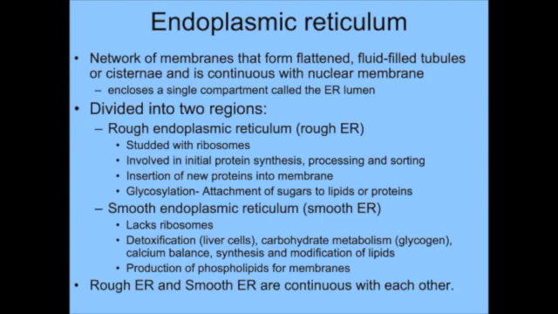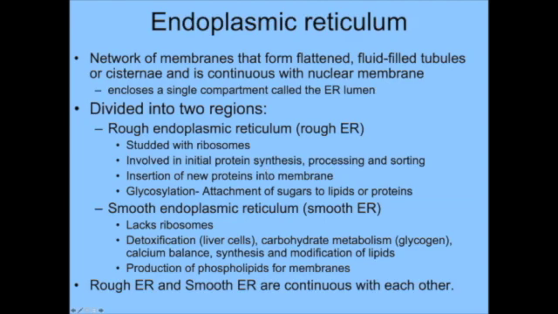They're sometimes referred to as cisternae, and the ER membrane is actually continuous, if you remember, with the outer membrane layer of the nuclear membrane. It encloses a single compartment called the endoplasmic reticulum lumen. Lumen just means inside of something, the inside.